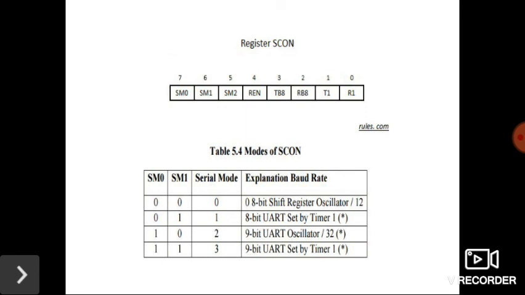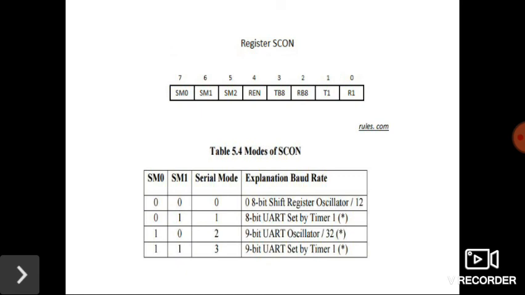Then SM0, serial port mode bit 0. This bit is also set or cleared by the program to select the operating mode. That is shown in the table. If SM0 SM1 is 00, it means serial mode 0, an 8-bit shift register, with fixed oscillator-based baud rate.